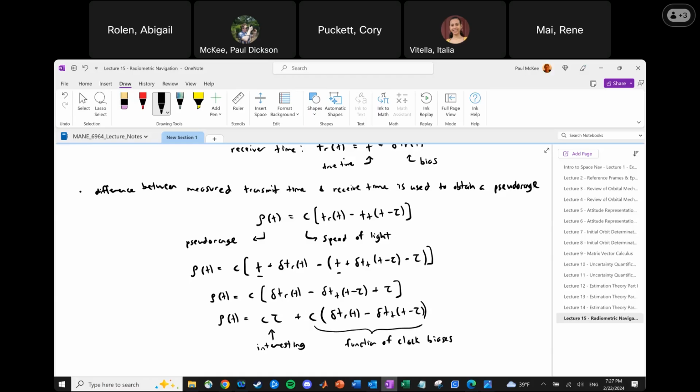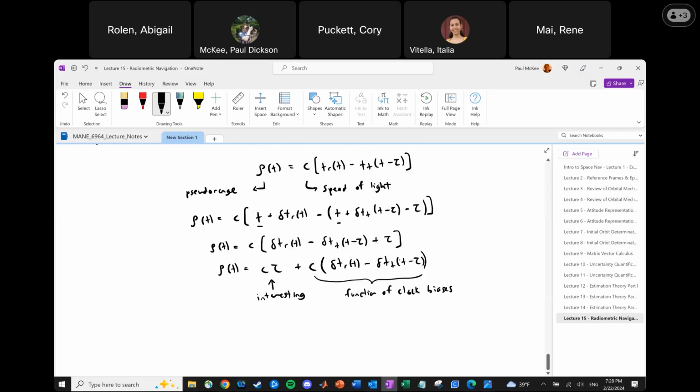Stay with me. Let's rewrite this interesting bit one more time. c times delta t is the actual distance, so it's approximately equal to r of t minus rt of t. That's the actual range that we're interested in.